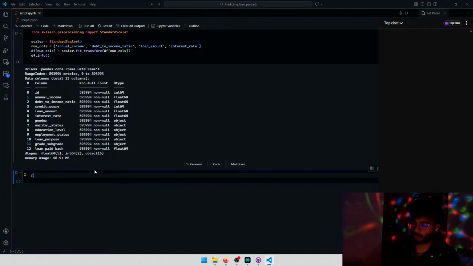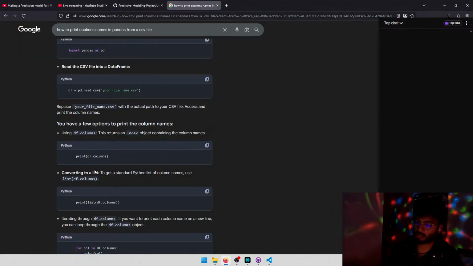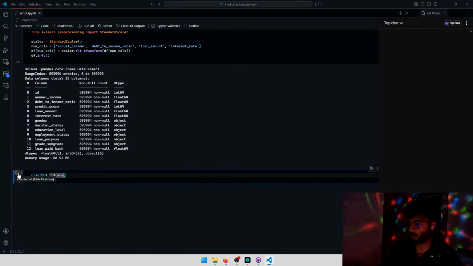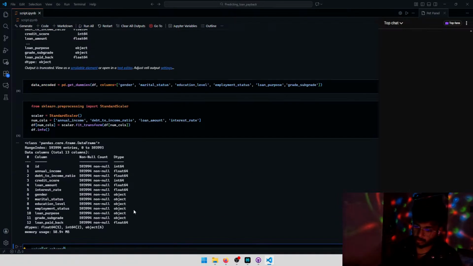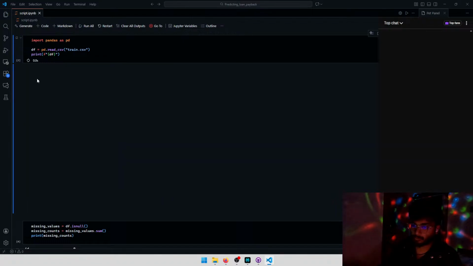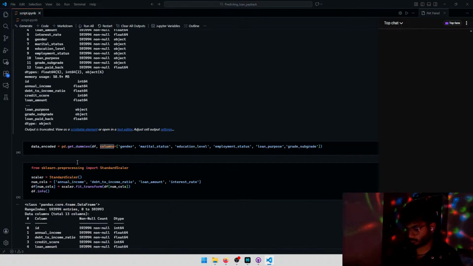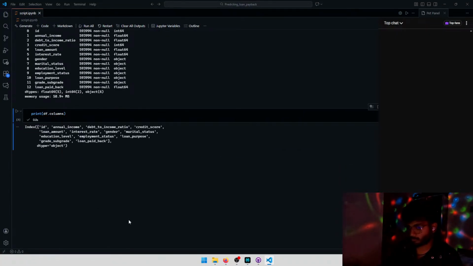Okay, so basically I just have to print df.columns. Is it? Yes. Alright, run this. Okay, df is not defined because I haven't loaded it yet. The columns are: ID, annual income, debt to income ratio, credit score, loan amount, interest rate, gender, marital status, education level, employment status, loan purpose.